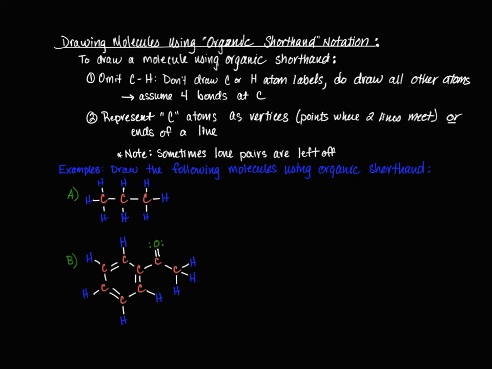All right, so let's do some examples to illustrate these concepts, because I think that's the easier way to wrap our heads around it. So if we look at the structure drawn in A here, I like to number my carbons because I'm an organic chemist, to keep track of how many carbons I need to draw in my simplified structure. All right, so the first carbon over here on the left, we'll label 1, 2, and 3.